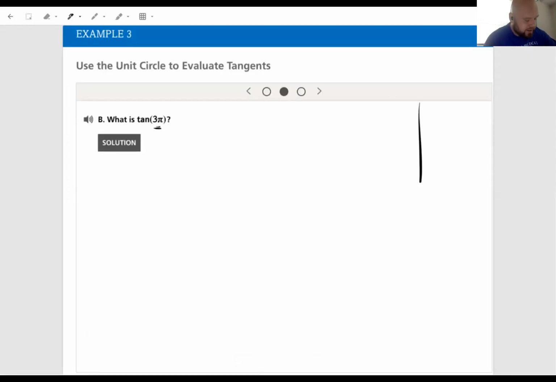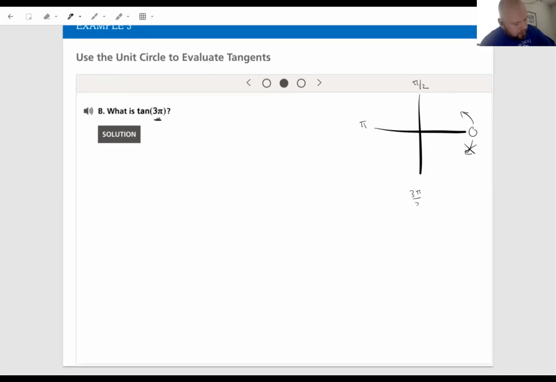I'm going to draw a set of axes. This is 0. This time we have a positive angle. So instead of going down, we're going to go up. So we have pi over 2, pi, 3 pi over 2, 2 pi. Oh, but our angle is even bigger than that. So we went more than a full circle.